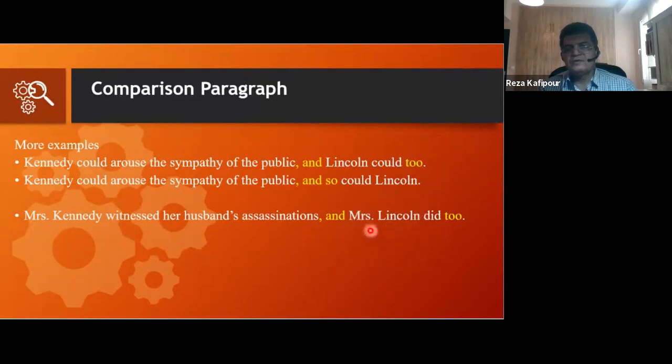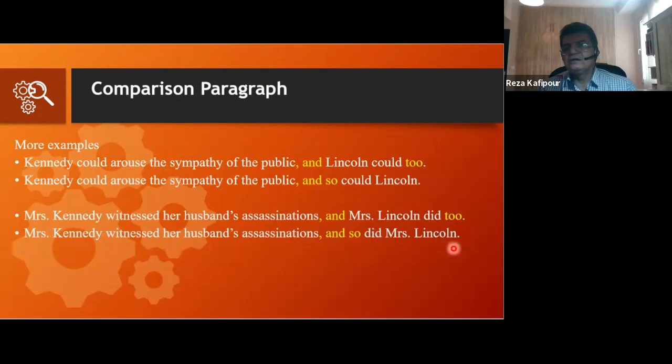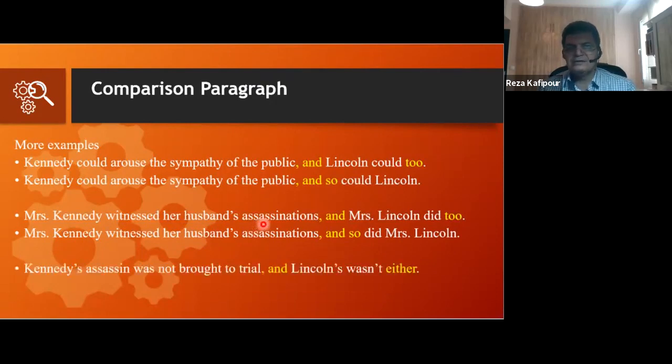So, second object or person, auxiliary verb, too. Or the same sentence again by and so: Mrs. Kennedy witnessed her husband's assassination, comma, and so did Mrs. Lincoln. So we are talking about this point that both Mrs. Lincoln and Mrs. Kennedy witnessed their husbands' assassination. So it is a kind of comparison based on similarities.